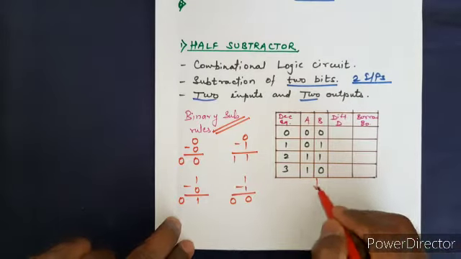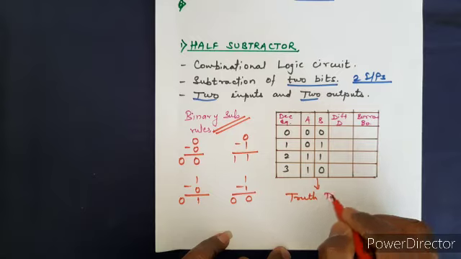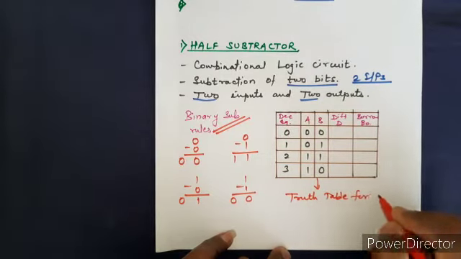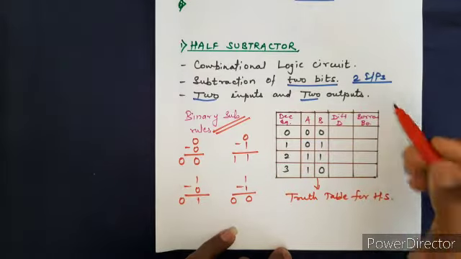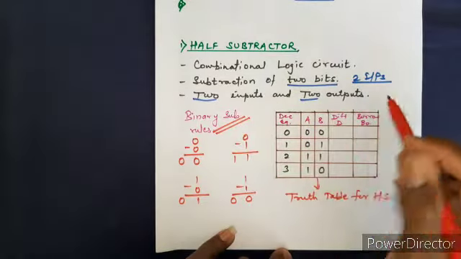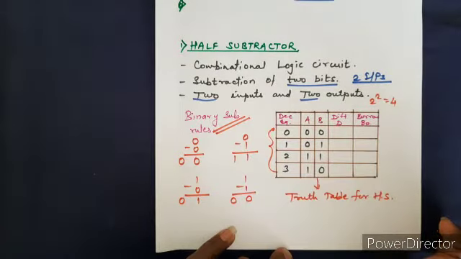So this is the truth table for the half subtractor. Since there are 2 inputs, 2 raised to 2 is 4, so we have 4 input combinations.